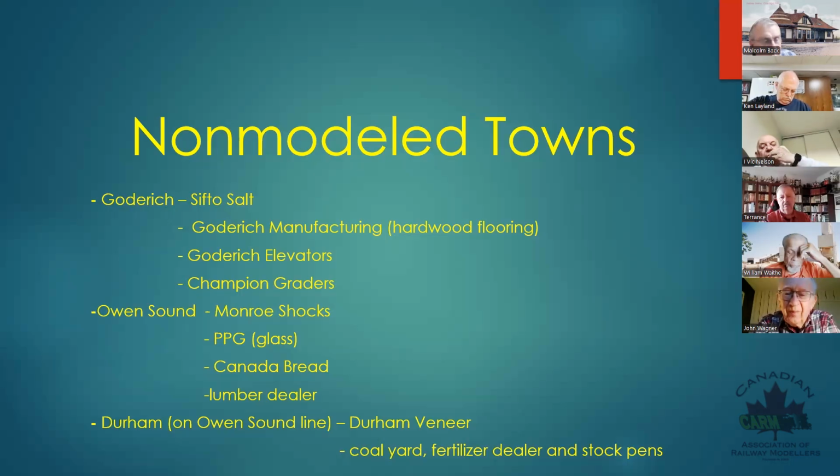When I'm putting together a list of cars or making up a train in staging, to me it's more realistic if I can say that load of coal is going to a certain coal dealer up on the Owen Sound line, or those logs are going to Goderich Elevators.